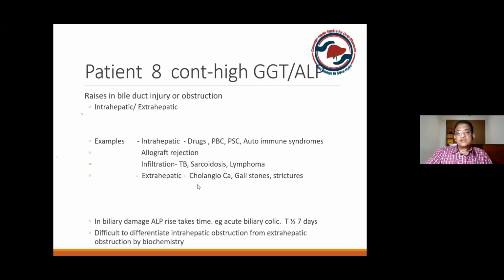Extrahepatic causes are cholangiocarcinoma, gallstones, strictures, carcinoma of the head of the pancreas. So all these can elevate your gamma GT and alkaline phosphatase.